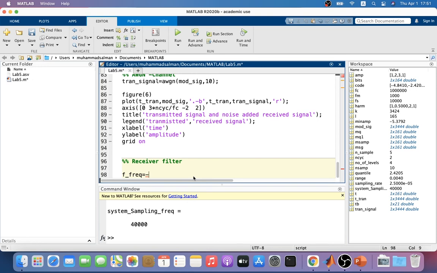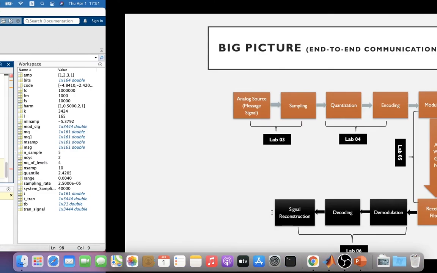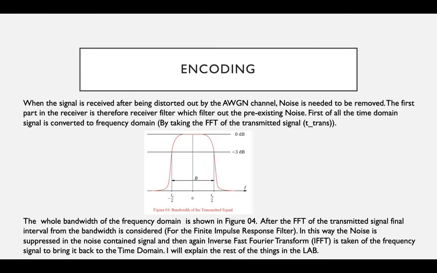But when you transform it into frequency domain, it is represented, I'll show you in the figure here, from minus fs by 2 to plus fs by 2, and there is some symmetry relationship. So anything which is happening from 0 to fs by 2, the same thing is happening from minus fs by 2 to 0.